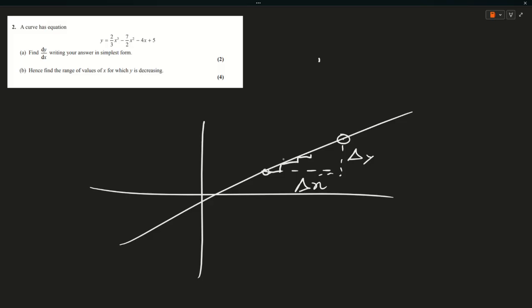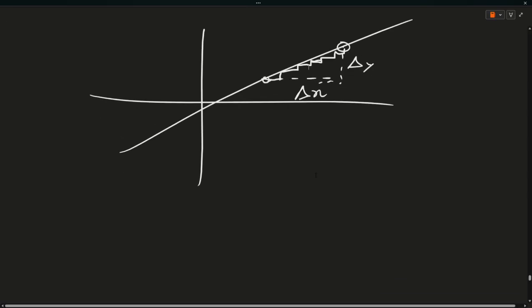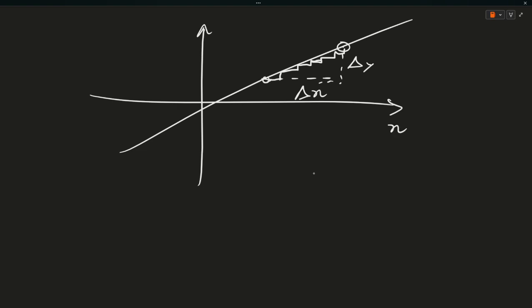So it would look like a kind of step ladder like this, and you're trying to see what is that rate of change. The exact same process applies to differentiation. The same idea carries over here.